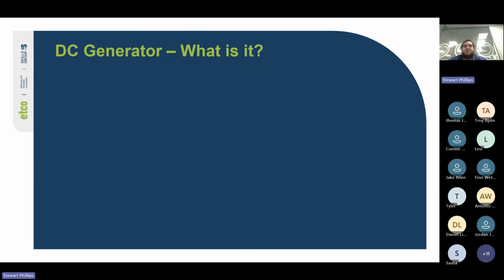Other than generating electricity, how does it generate electricity? What does it do? What are the moving parts? It does generate electricity, it generates DC. Works on the same principle as a motor, yeah.